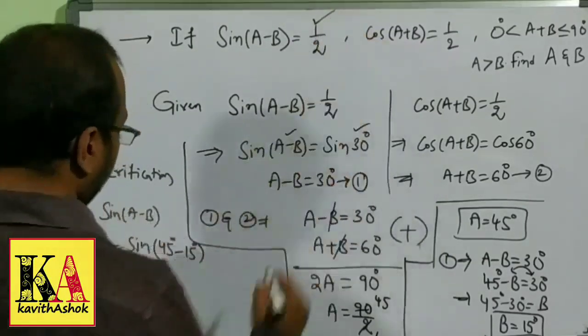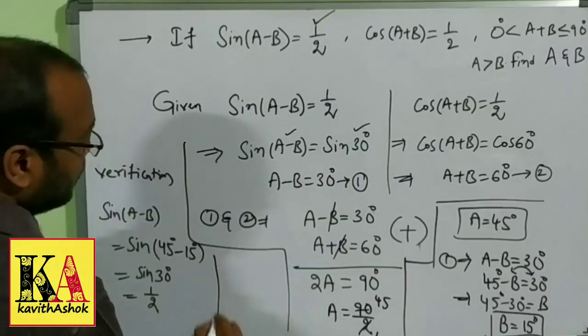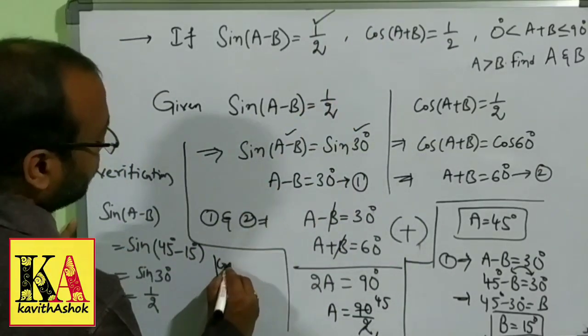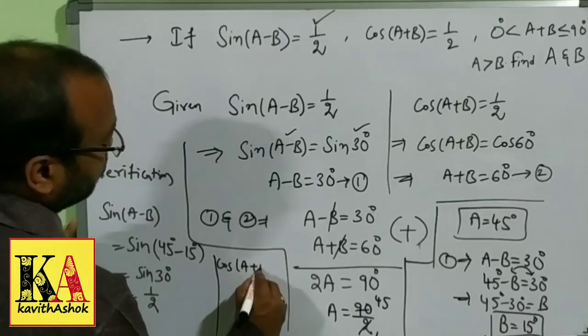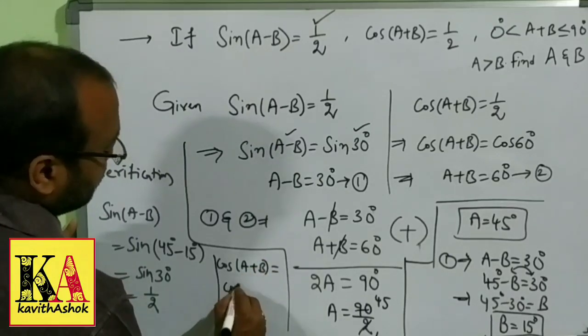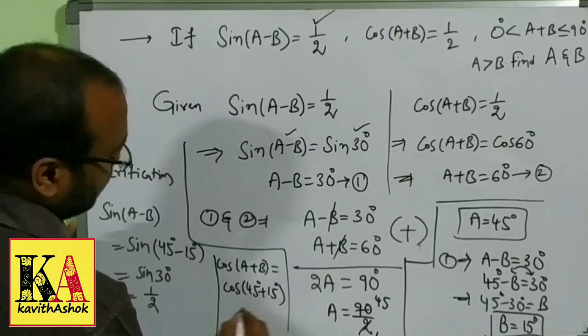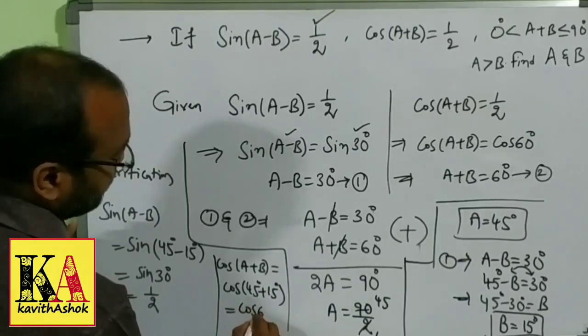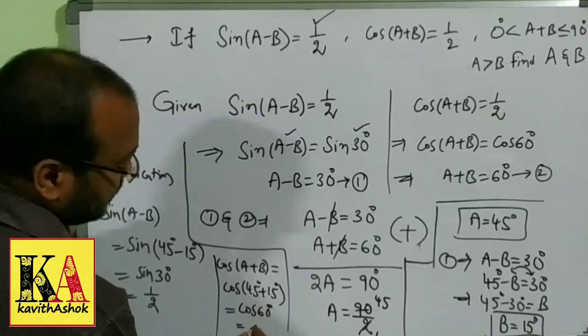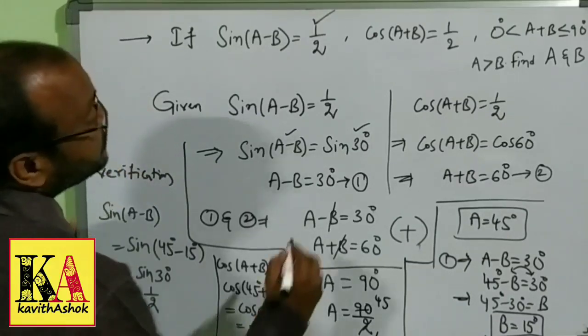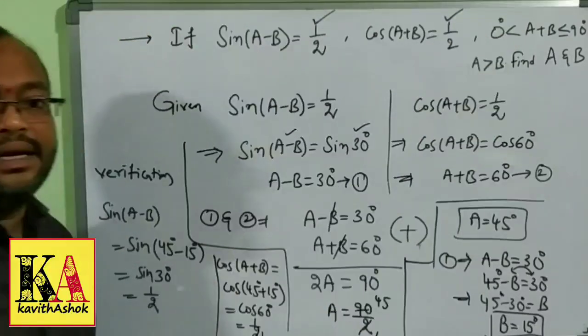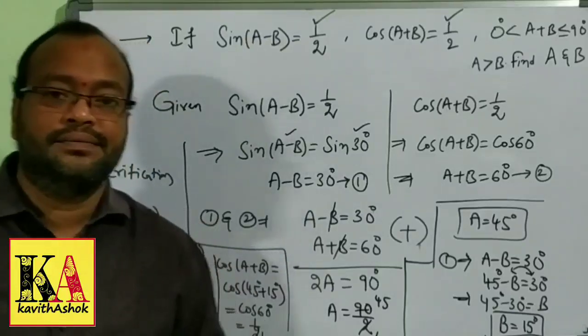This is our answer, 1 by 2. In the same manner, cos of A plus B is cos of 45 degrees plus 15 degrees, which is cos 60. Cos 60 is nothing but sin 30, that is 1 by 2. So the answer is 1 by 2. Our answer is 100% correct.